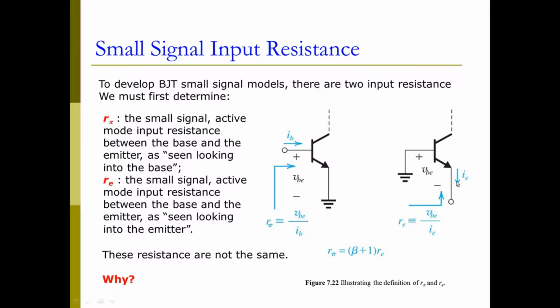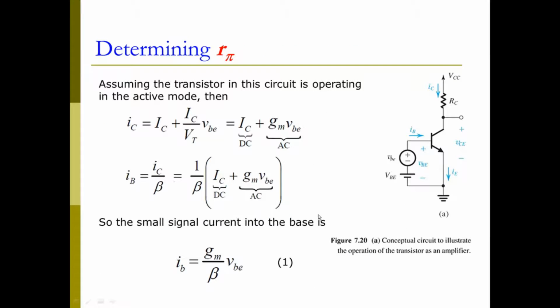If we have a current iE here, and then we have our voltage vBE, then vBE divided by this current will give us re. Apparently, this emitter current is much larger than the base current, which means re is going to be much smaller than rπ, which gives us this formula: rπ equals beta plus 1 times re.